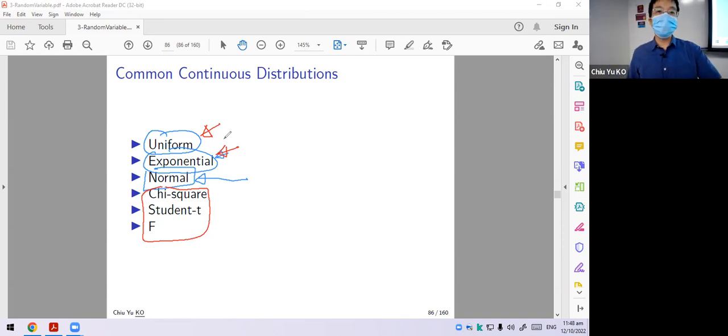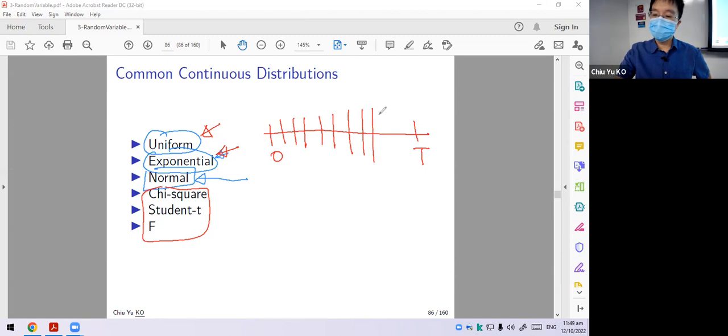And for exponential, we ask a question about a time period. In the Poisson, we cut this interval into very small sub-intervals, and we treat each interval as an event with probability p.